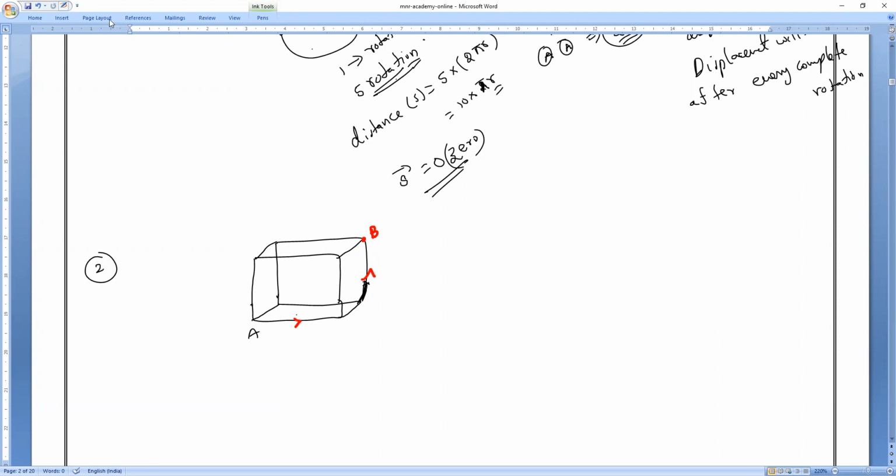Just change the shape of the cube so that we will get it properly. Let me take that three-dimensional view. Now draw the cube in such a way. Observe very carefully how I am drawing.